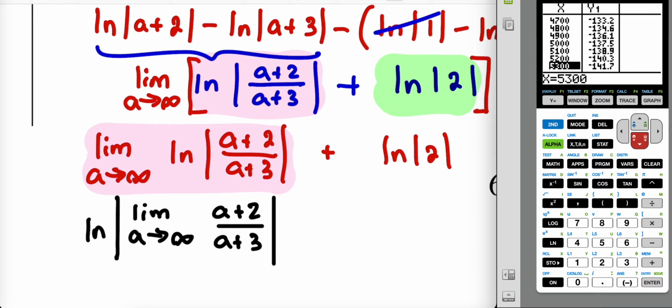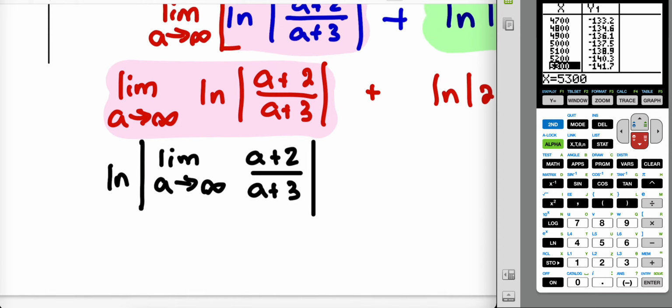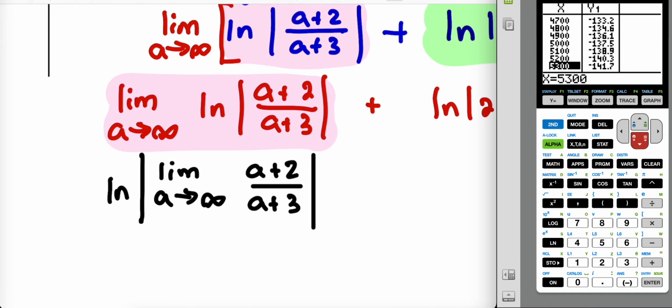All right, so the limit of a function is the same as the function of a limit. So it's the limit of the natural log function of its composite function, a plus 2 over a plus 3. So what I'm doing is I'm doing that in reverse. I'm finding the limit of the inner function and then applying that to the function that it's composed into.